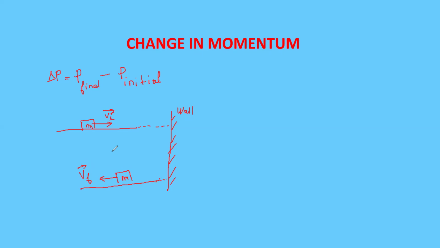So what is the initial velocity? It's vi, for example, I have vi equal 3 meters per second. The mass is 200 grams. So the initial momentum, P initial, is simply equal to m multiplied by vi.